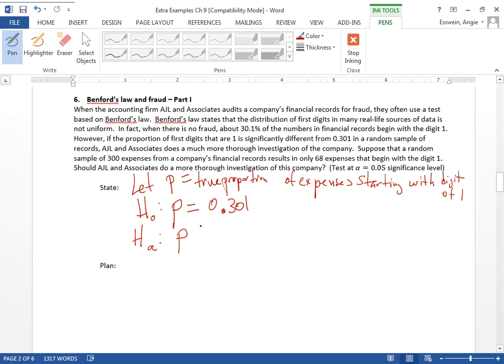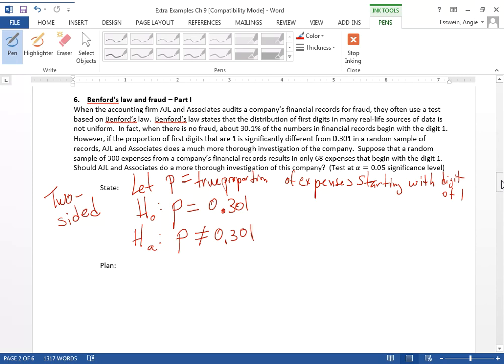It's actually not equal to, because we want to know if we're really far away from 30%, and in either direction it would be suspicious. So if it's not clear in the problem statement which direction, make it a two-sided test. That's going to change how we find the p-value. It makes it more likely, because not equal to could be in either direction, greater than or less than.